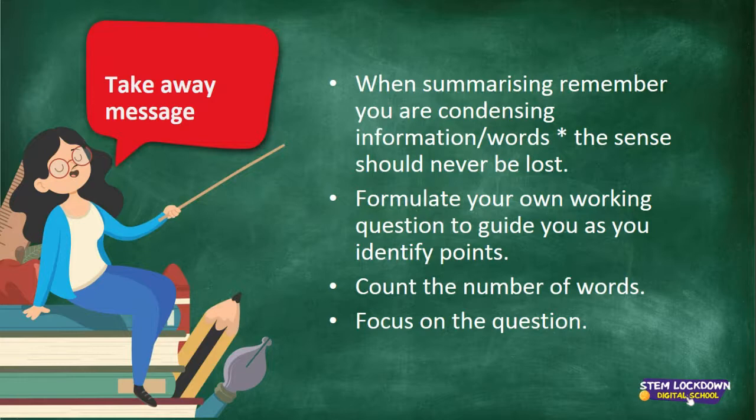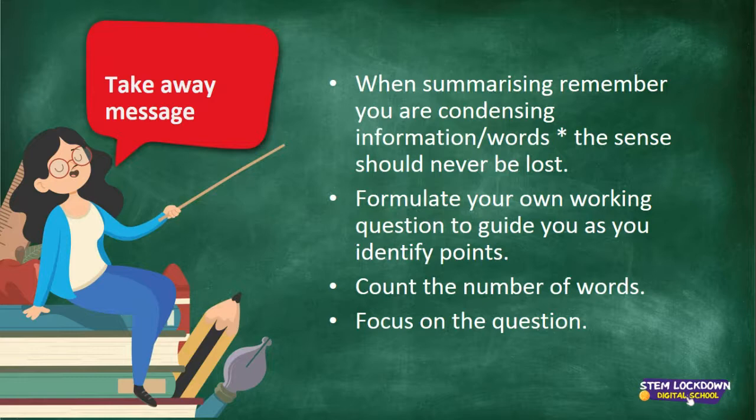Then you need to formulate your own working question to guide you as you identify points. Now, how do I do that? First, read the summary question. After reading the summary question, try to put it in your own simple English that you understand and you'll be able to answer.